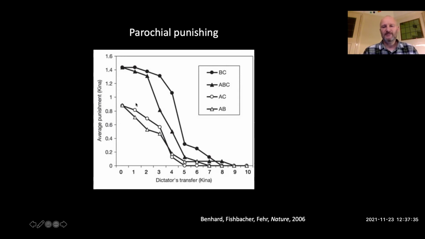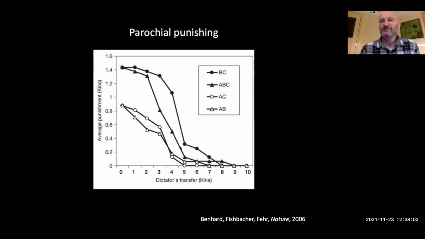So here, there are 3 players. Player A is a dictator and can divide a bunch of money between player A and player B. And then player C has the opportunity to punish player A for his or her behavior.